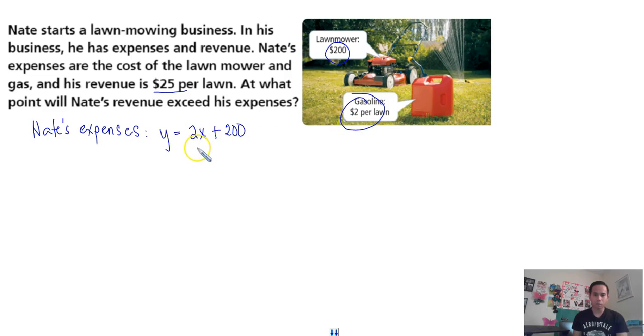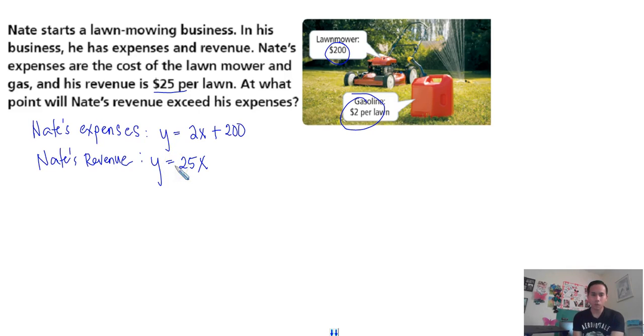The x will represent per lawn, and he is spending $2 per lawn. And then Nate's revenue is y is equal to 25x. So every time Nate is doing the job, he's earning $25, and we do not know how many. Okay, so this is our two equations that we have.